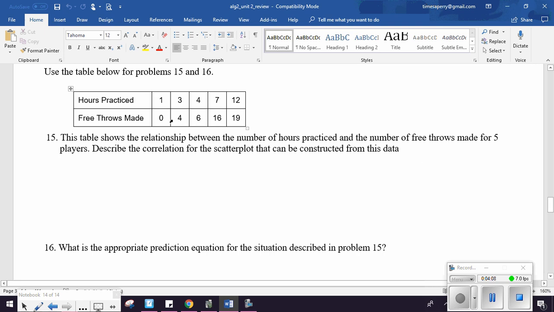So we're going to use this table, again, it's hours practiced and free throws, to answer 15 and 16. Describe the correlation for the scatter plot that can be constructed from this data. So let's get our calculators and let the calculator show us the plot.